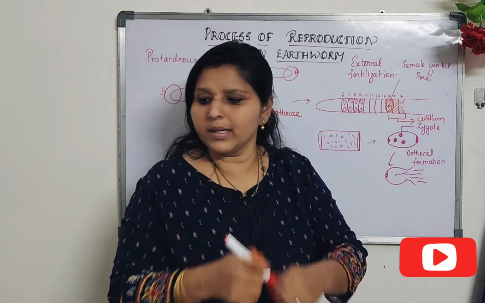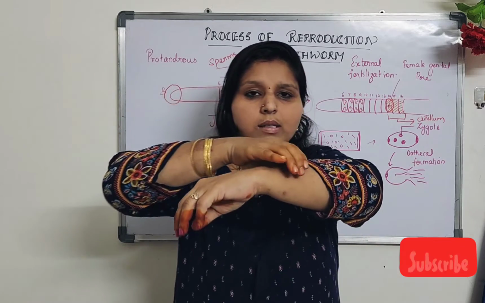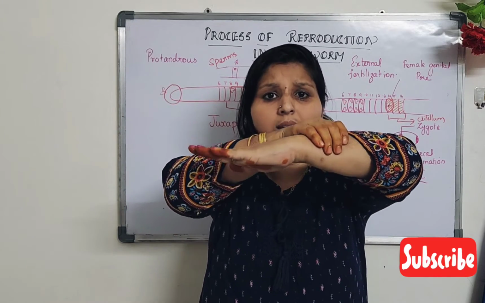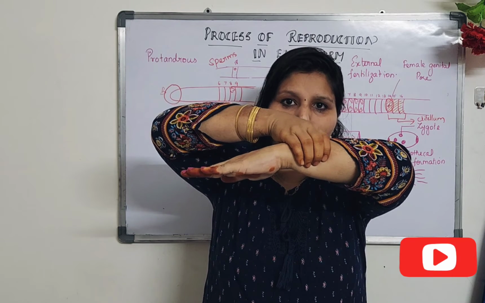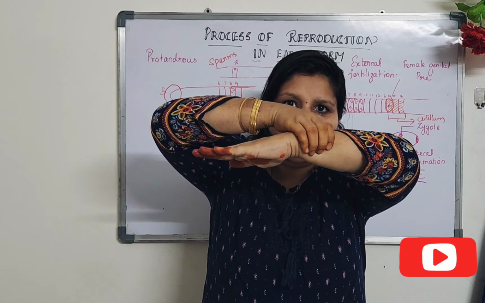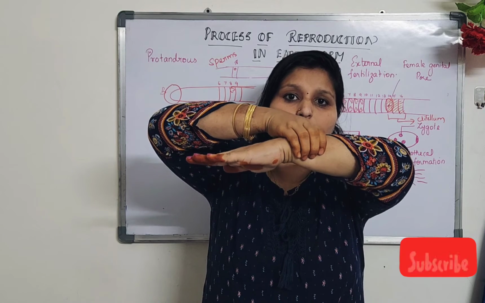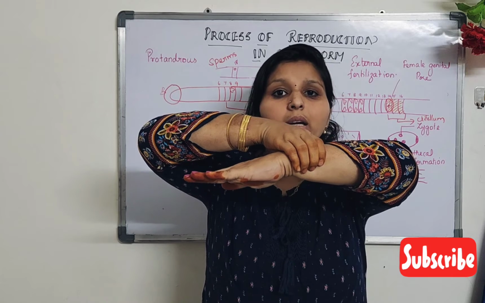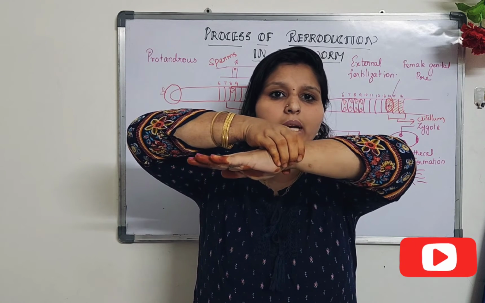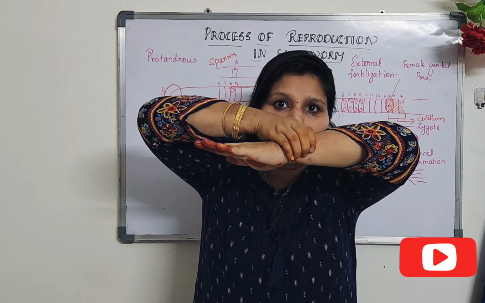Now, listen properly. This is the clitellum and this is the earthworm. After the ova mature, this clitellum slowly moves forward, in the sense that the earthworm starts pulling its body in the backward direction.